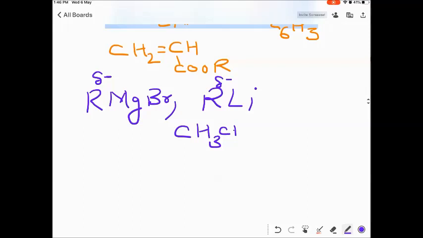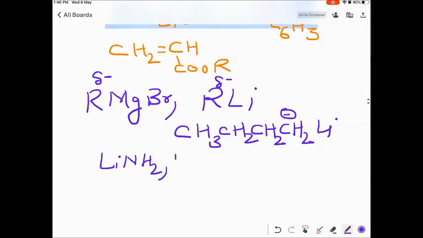For example, we can use CH3, CH2, CH2, CH2Li, where the carbon group acts as a nucleophile and it can attack the vinyl group, creating another anion. Or also lithium amide, potassium amide have also been used as the chain initiators. So these are some reagents which can start the anionic polymerization reaction.